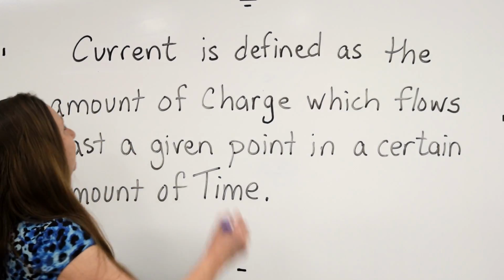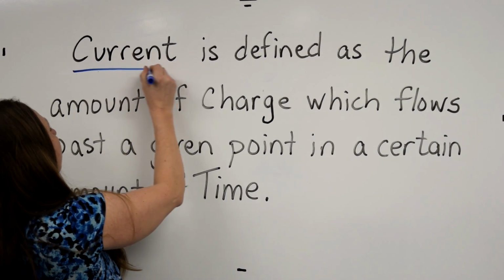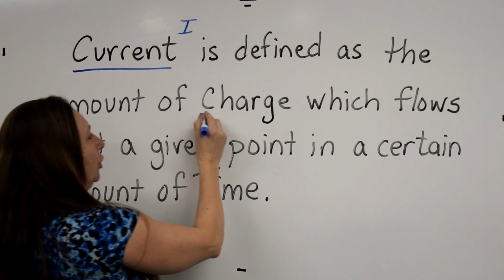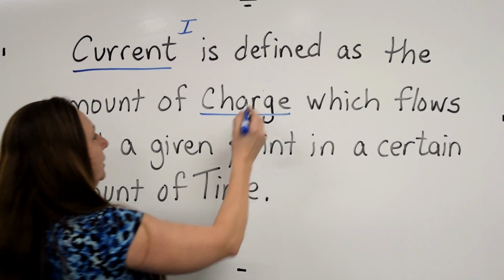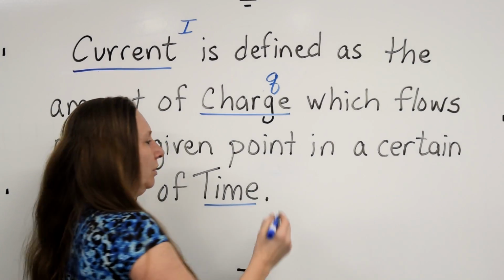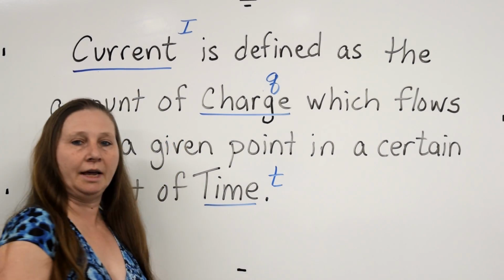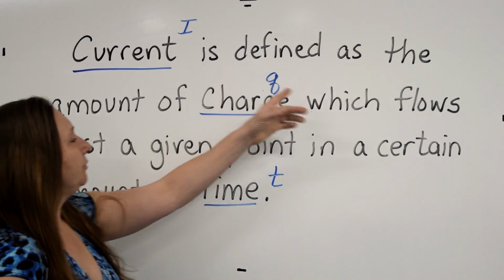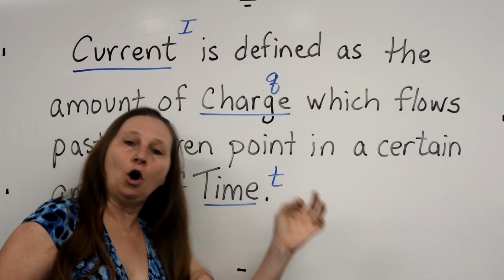Now, current is represented by the capital letter I. That's the symbol for current. Charge is represented by a lowercase q, and time is represented by a lowercase t. The definition of current: current is defined as the amount of charge.